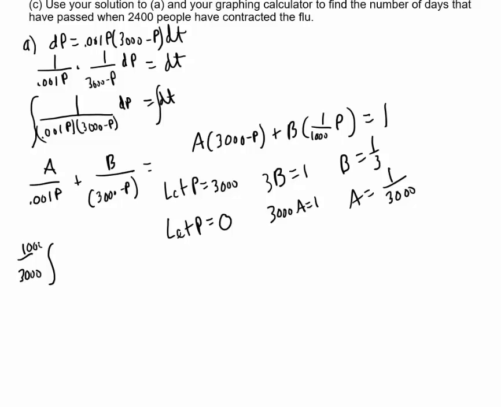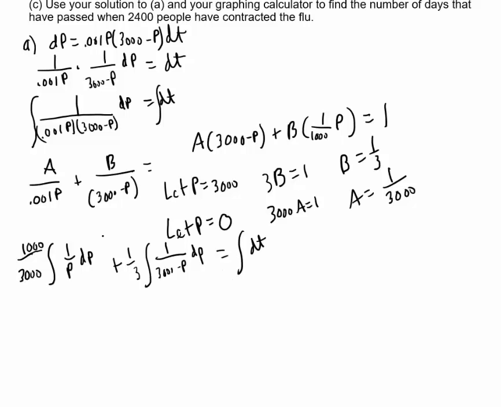The zeros will cancel, so that's going to end up being 1/3. And the P is still on the bottom, so this becomes 1 over P dP. And then separately, plus B is 1/3. Again, I'm going to pull that out front. And then I have the integral of 1 over 3,000 minus P dP, and equals the integral of dt on the other side.